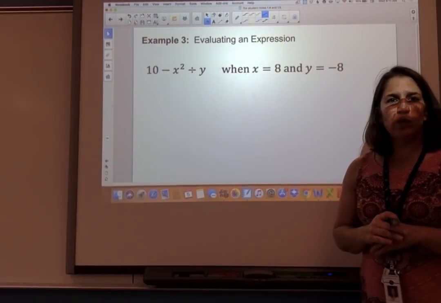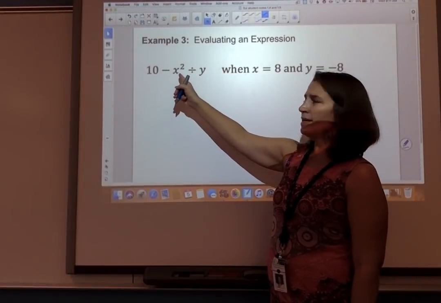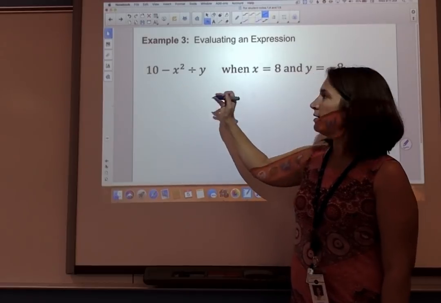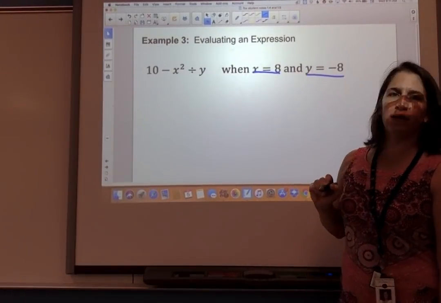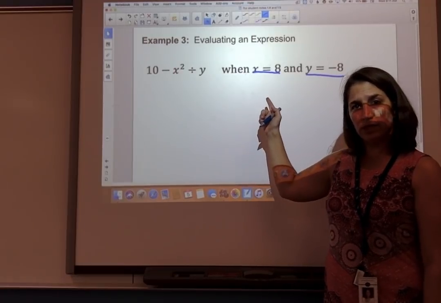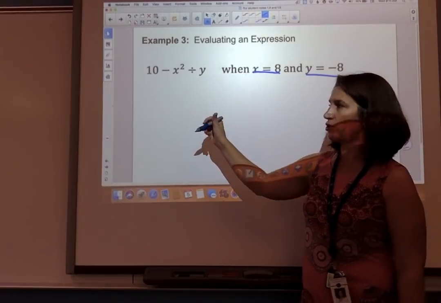Let's do some examples where we're evaluating an expression. Here we have the expression 10 minus x squared divided by y. And we want to do that when x equals 8 and y equals negative 8. So we're going to substitute 8 for x and negative 8 for y, and we'll rewrite this expression.